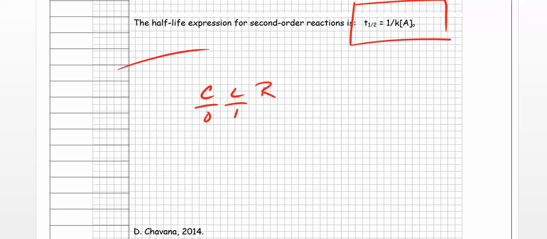And finally, if you plot the reciprocal of the concentration versus time and you get a straight line, we're talking about a second order reaction. Folks, CLR, 012. I hope this helps.